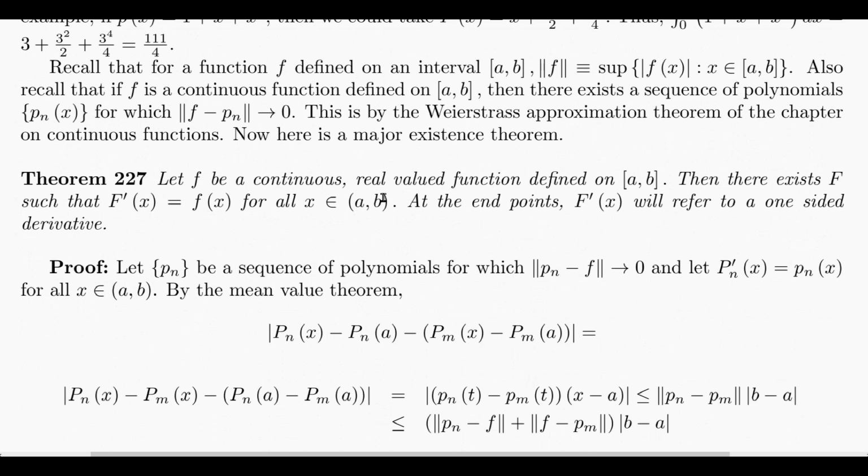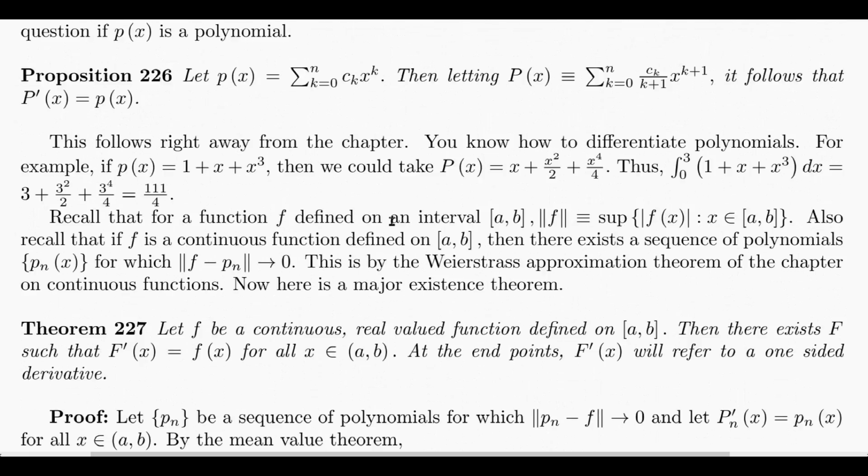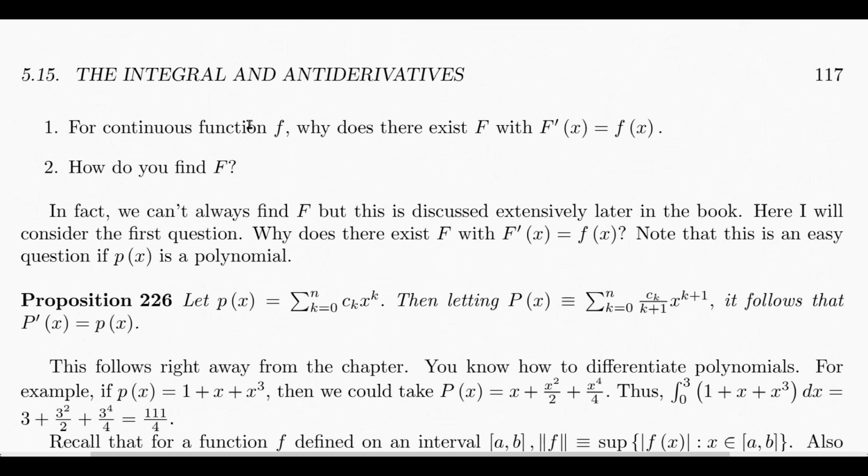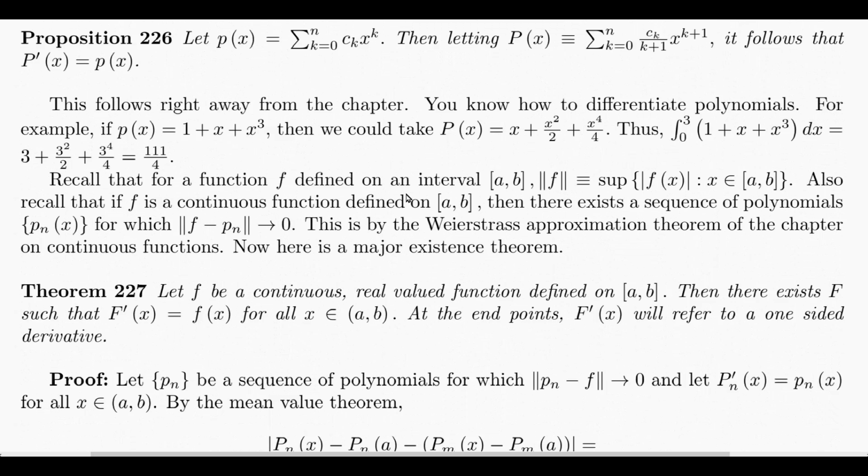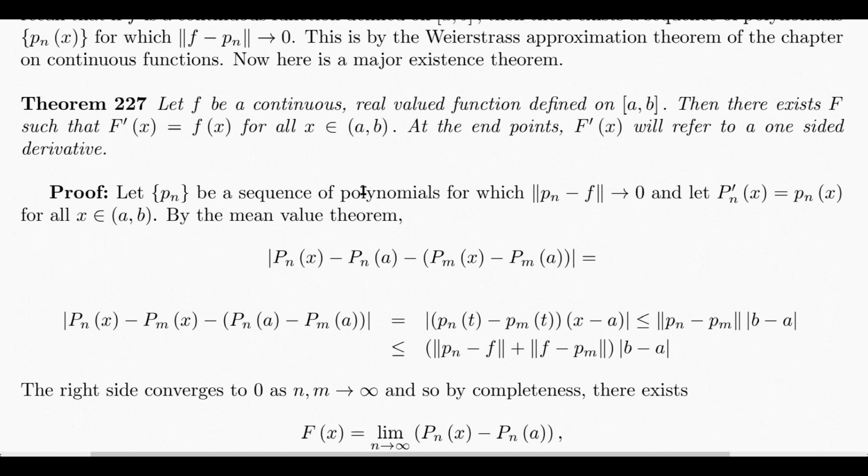So here is the major existence theorem that answers this first question. Let f be a continuous real-valued function. Then there exists capital F such that its derivative is little f on the open interval.